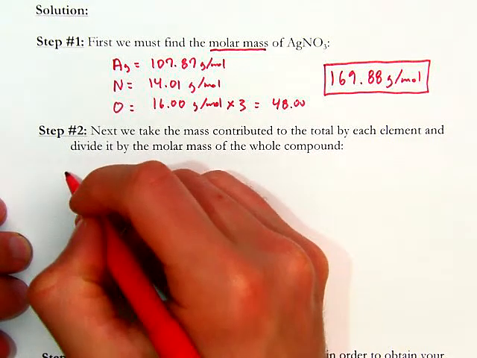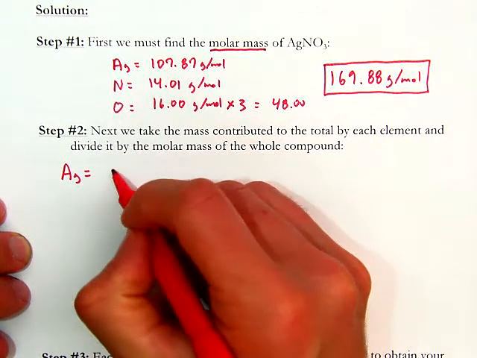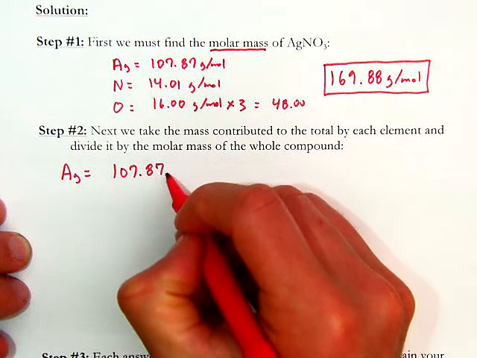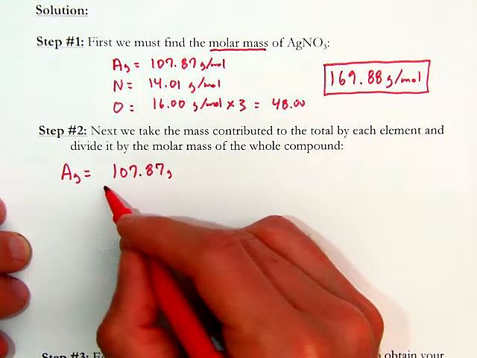So for Ag, 107.87 of the 169.88 came from the silver.